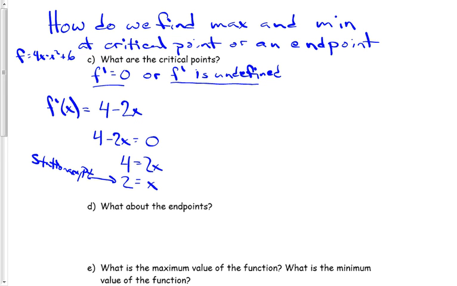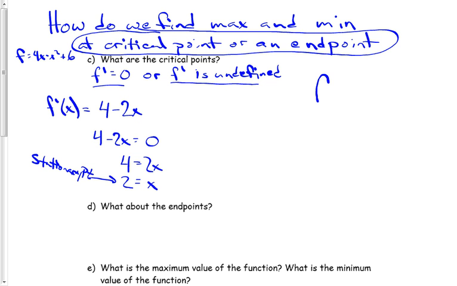Here's an idea that I'd like you to consider when you're doing these. This is really important. And I like this word in this context: candidates. We know there's a max, we know there's a min. Why? Because of the theorem.